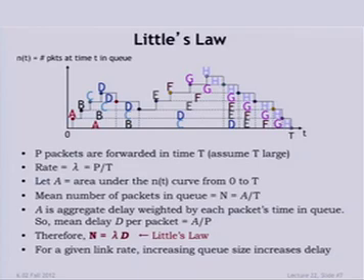All right. So now we have two things. We have the rate is P over T, and we have the mean number of packets in the queue is A over T, where A is the area under the curve. Now, to complete the puzzle, what we have to observe is that you can look at the same area under the curve in two ways.